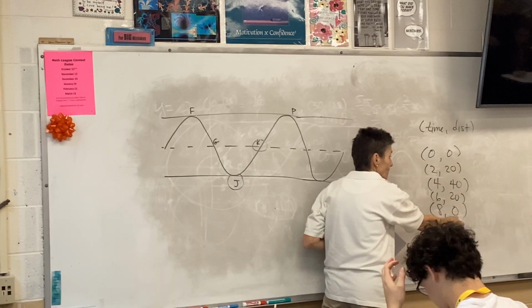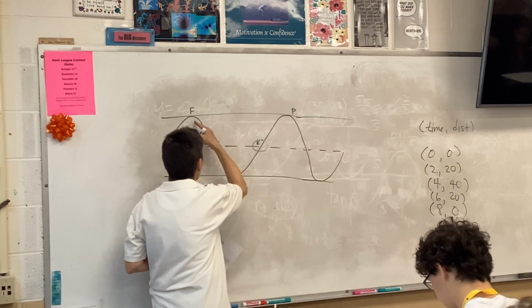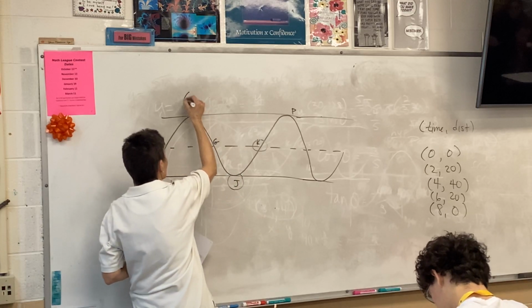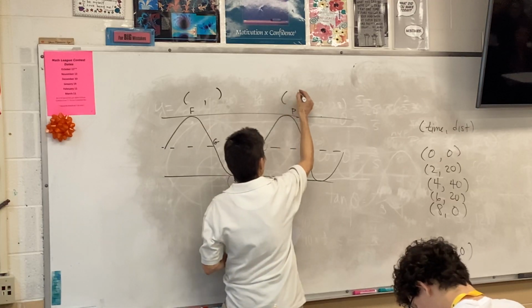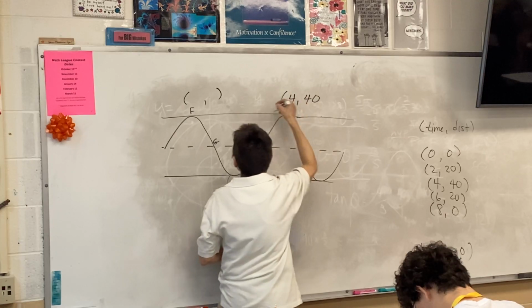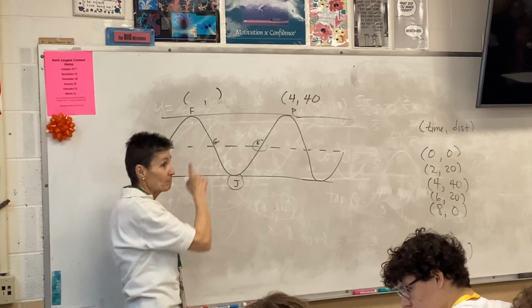What's the highest y value? 40. So doesn't that point have to have a 40? So this will be the point, well, or this one, maybe I'll make this one 40. This would be the point 4, 40. Make either one of them 40. There's more than one answer, but 40's got to be up there at the top of the picture.